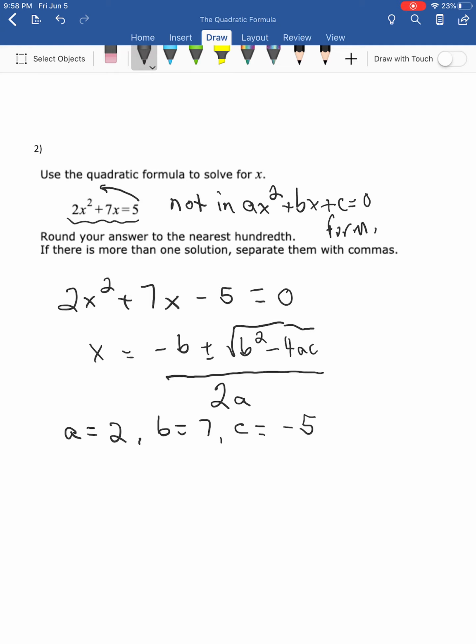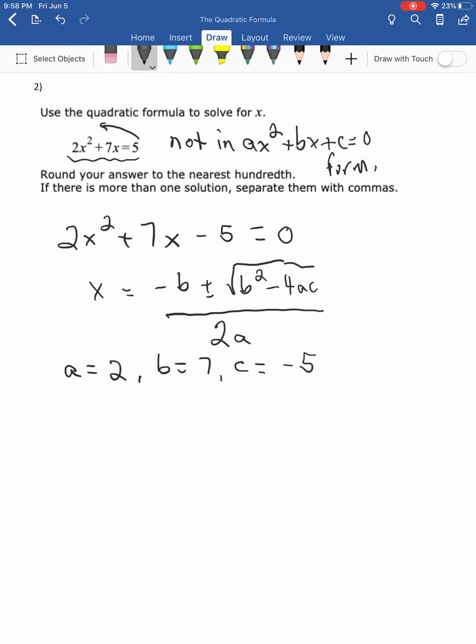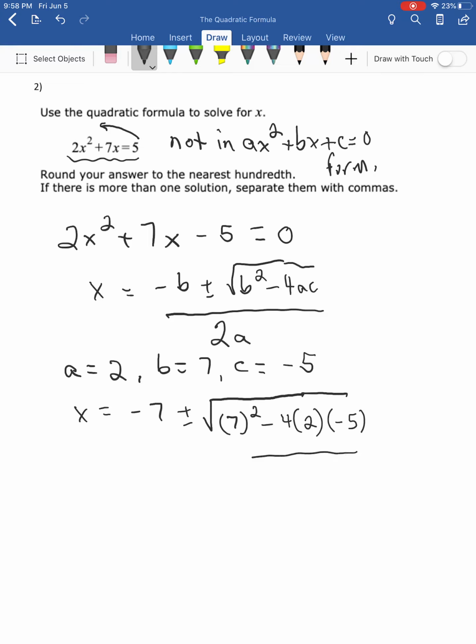Now we'll substitute those values into the quadratic formula. x equals negative 7 plus or minus the square root of 7 squared minus 4 times 2 times negative 5, over 2 times 2.